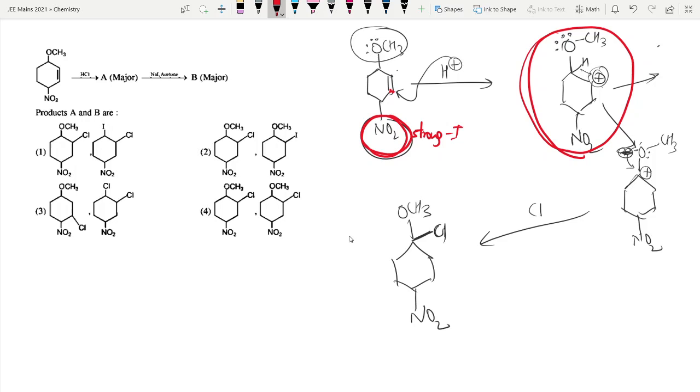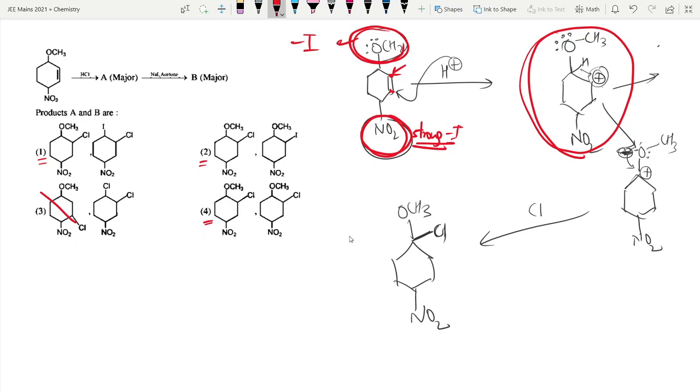If you are not thinking about rearrangement, then this also is showing a minus I effect, but this minus I is stronger, so the carbocation will still favor to be formed at this carbon. So here you can add the Cl, which makes either option 1 or option 2 or option 3 correct.